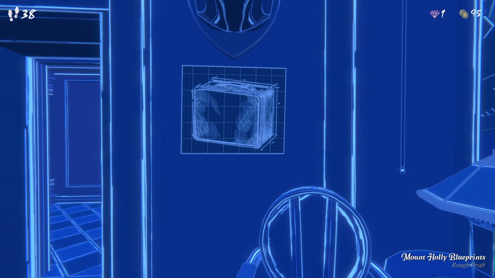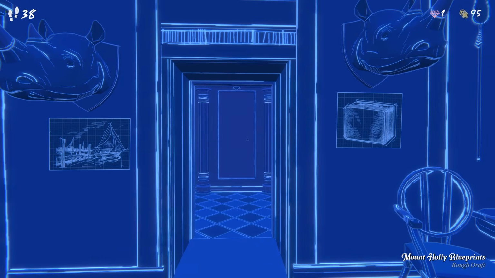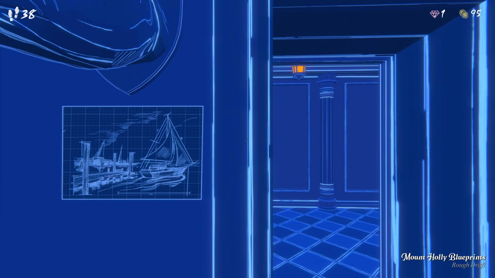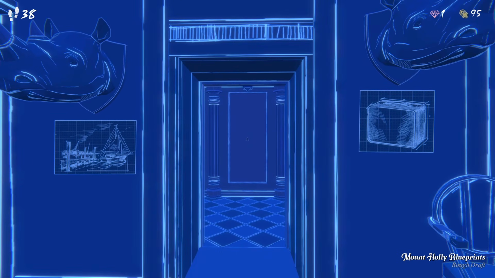We have like a lunchbox, a case, so port, pier, to pack.